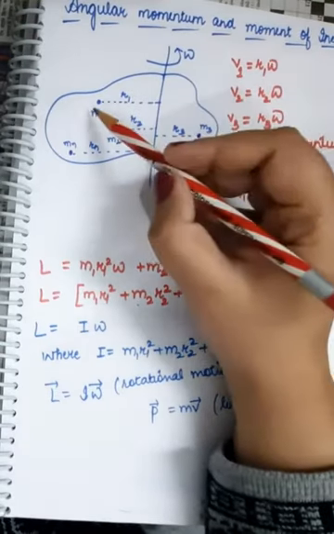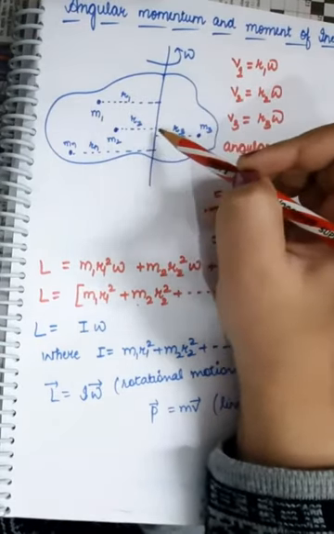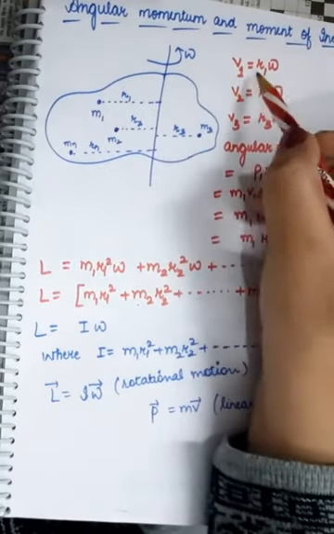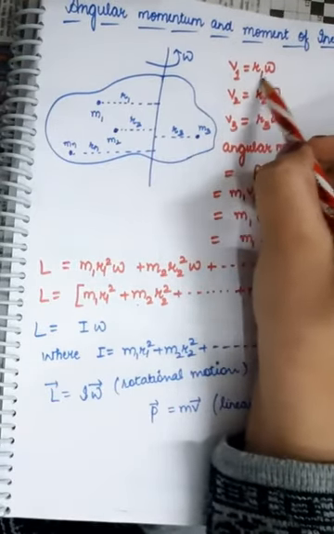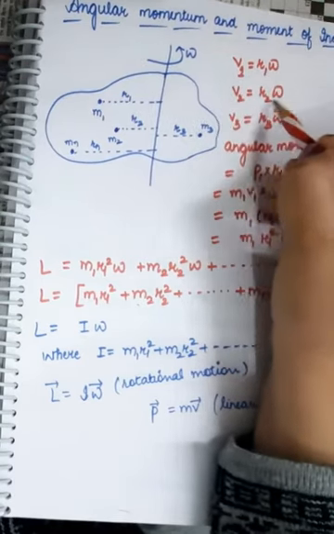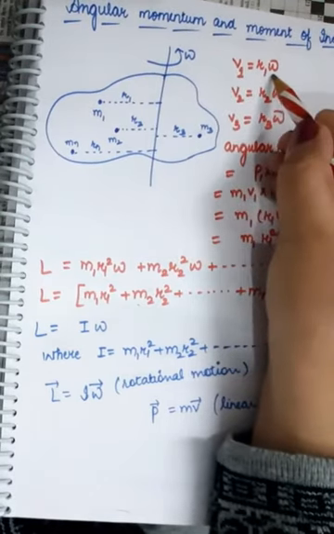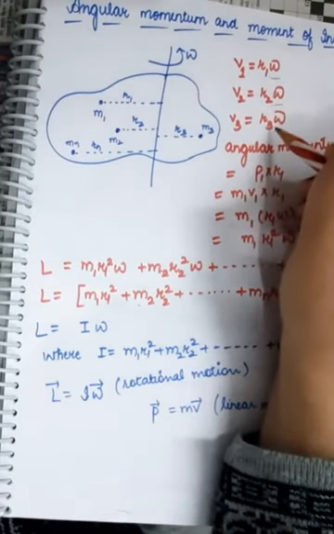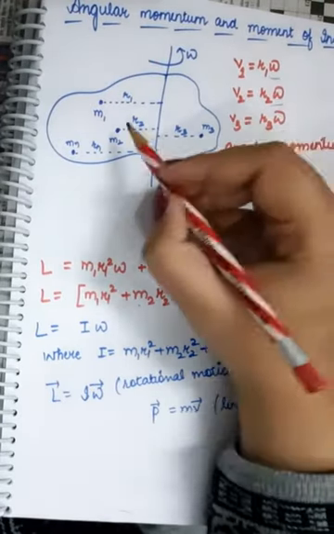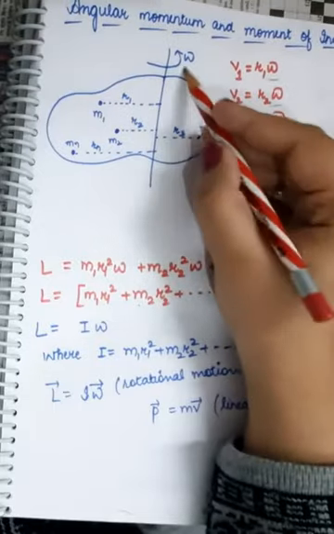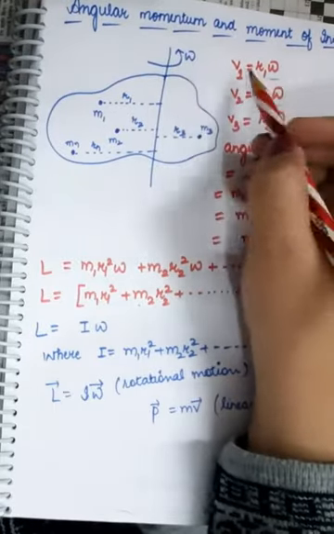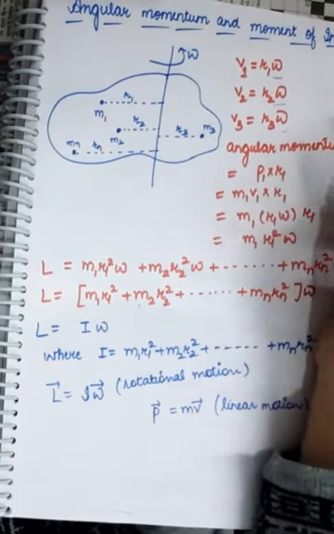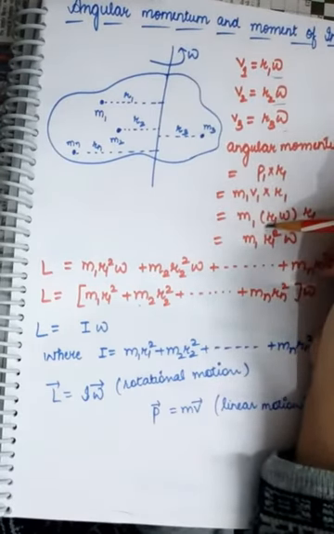So the velocities that the particles will have are v1 equal to r1 omega, v2 equal to r2 omega. Can you see that omega is kept constant for all the particles? Because the body as a whole is rotating with an angular velocity omega. v3 is equal to r3 omega, and so on.